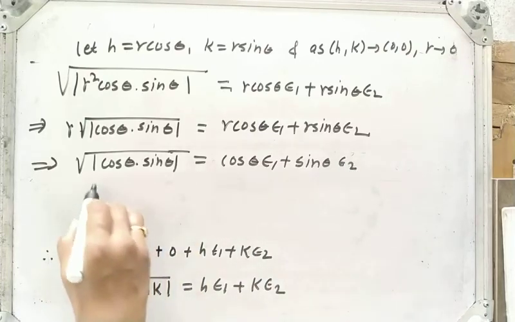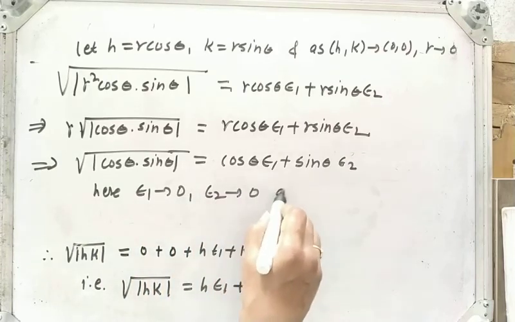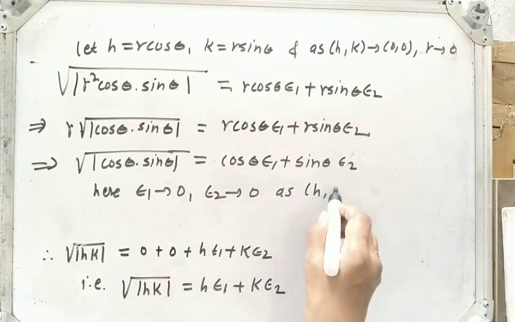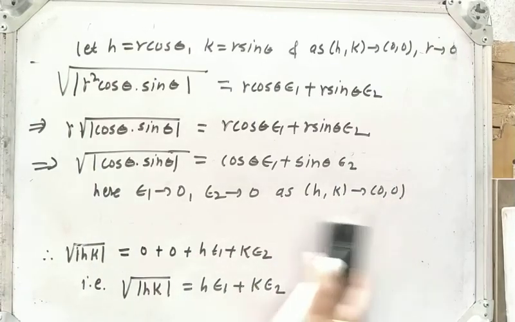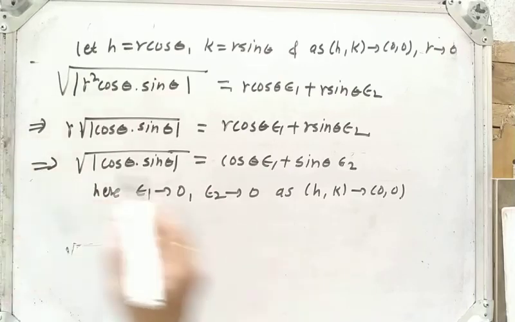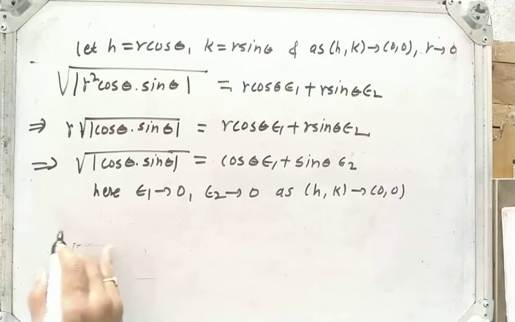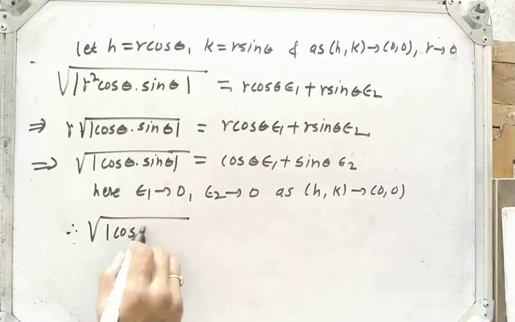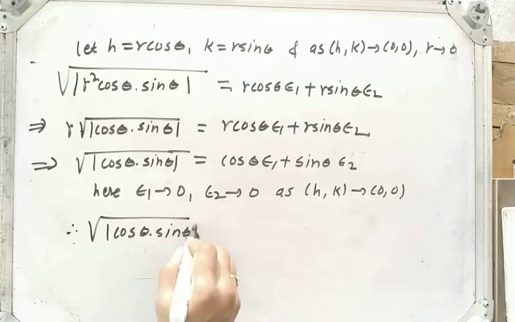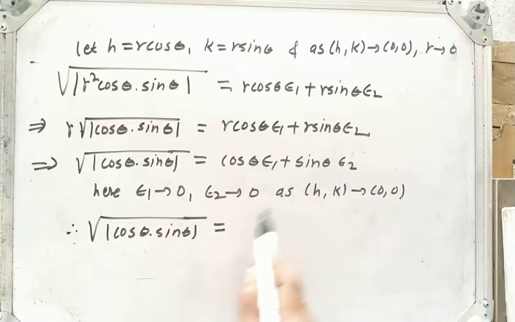Now here we know that epsilon 1 tends to 0, epsilon 2 tends to 0 as (h,k) tends to (0,0). So finally we get the left hand side as it is, square root of mod of cos theta into sin theta, is equal to 0, since epsilon 1 and epsilon 2 tend to 0.